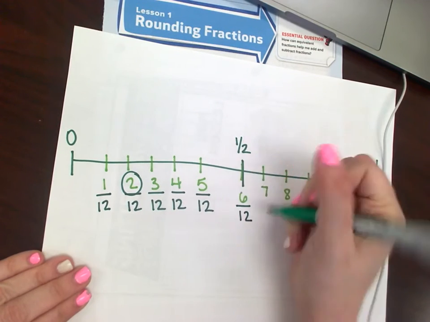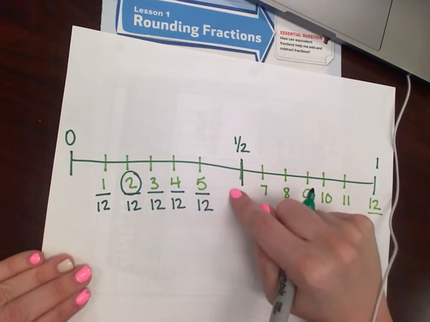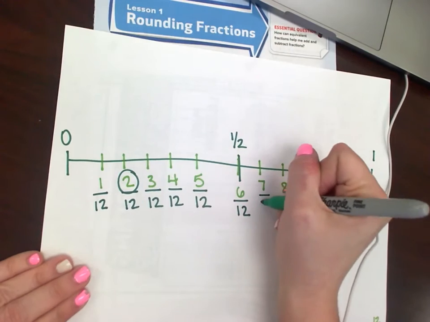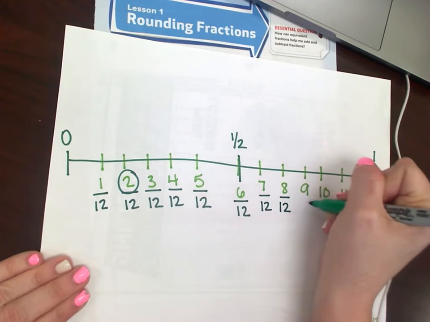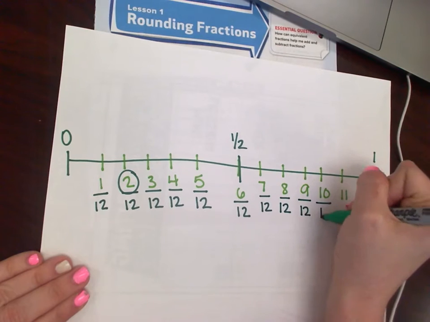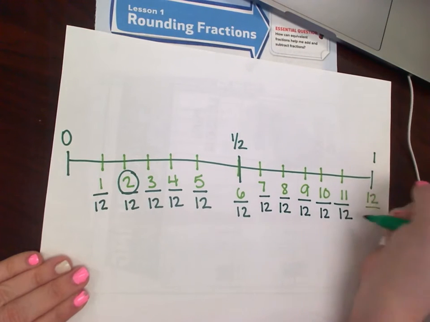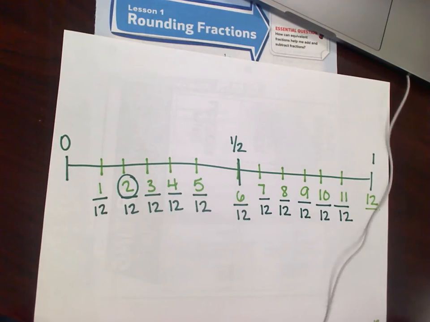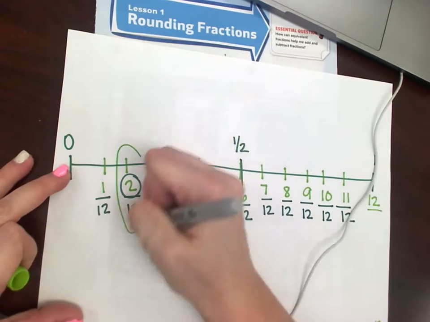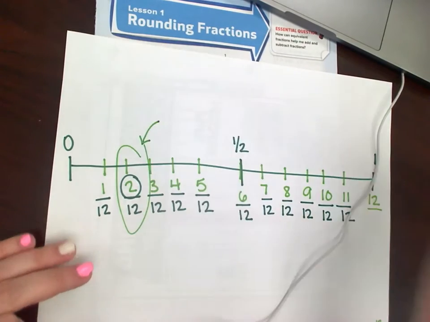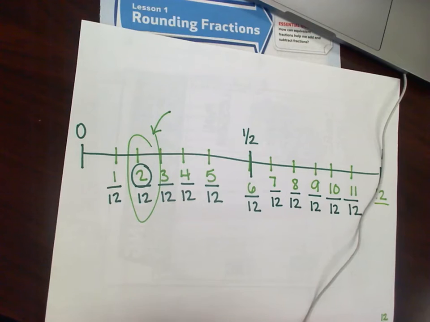This makes sense, right? Because we know 6/12 is equivalent to 1/2. We're going to find ours, which we already did, is right here, 2/12. This is what we're being asked about. And now we can just look.